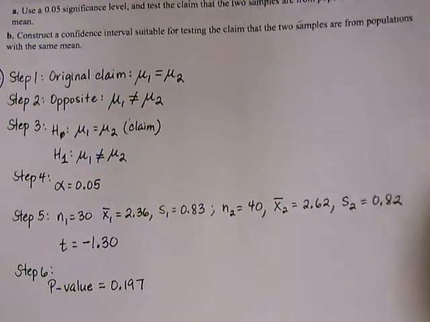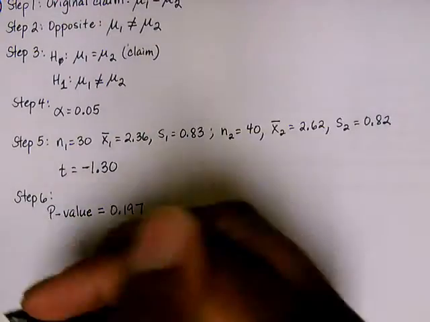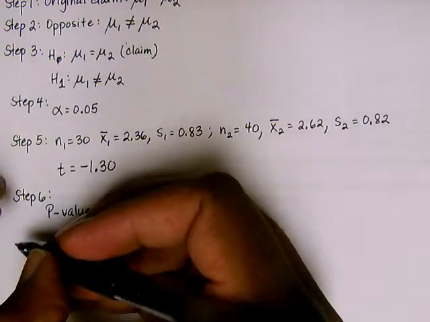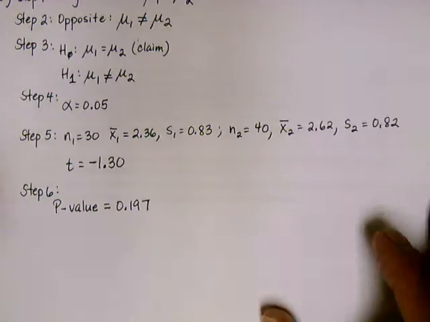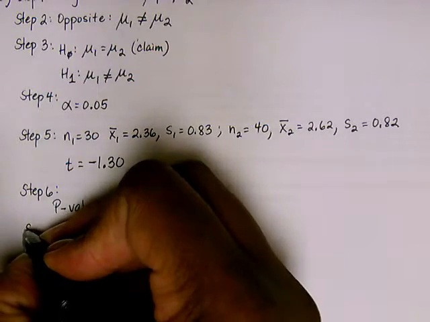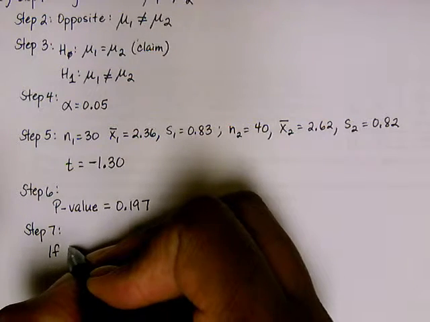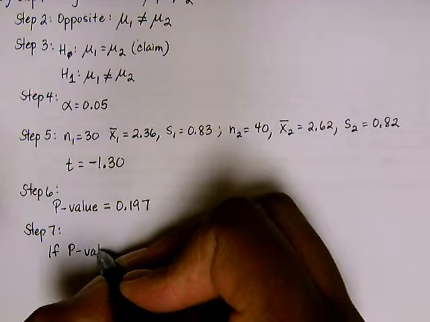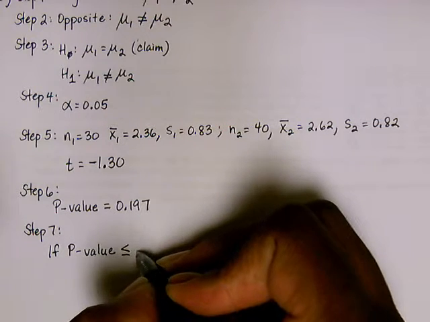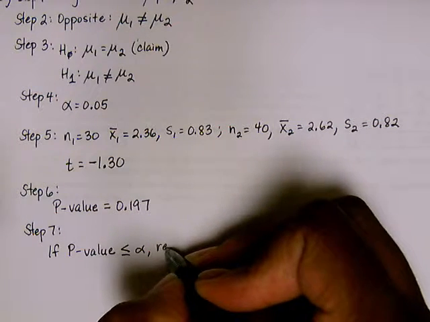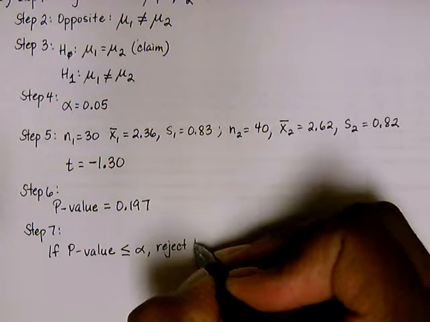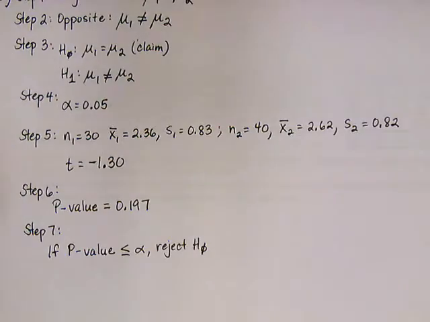Okay, step number 7 is the decision rule. The decision rule is always this: if your p-value is less than or equal to alpha, reject the null hypothesis. Otherwise, we fail to reject the null hypothesis.